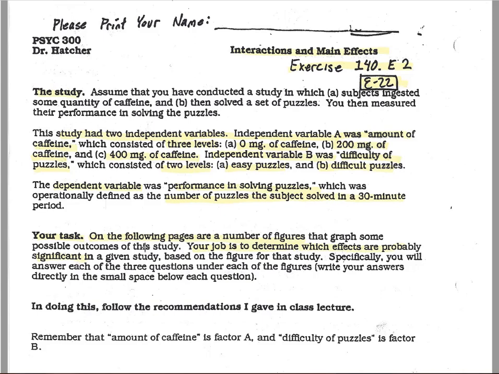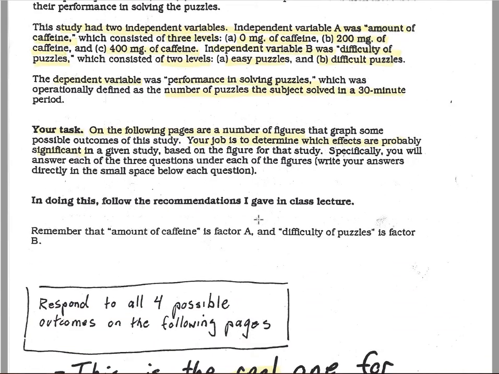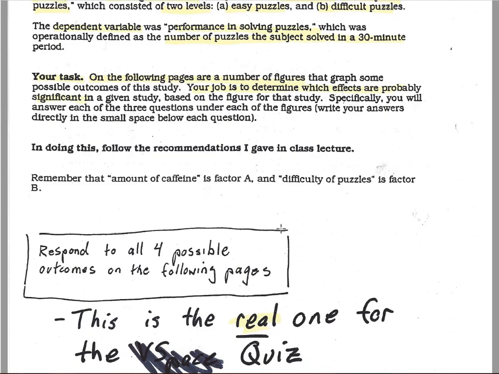You'll write your answers directly in the small space below each figure. In doing this, follow the recommendations that I gave in class. Remember that amount of caffeine is factor A. Remember, difficulty of puzzles is factor B. And respond to all 4 of the outcomes in the following pages.